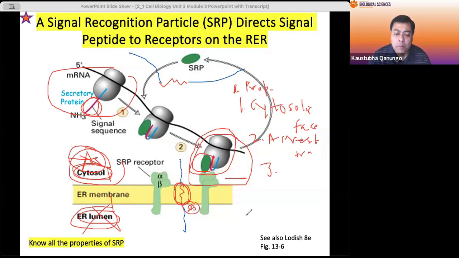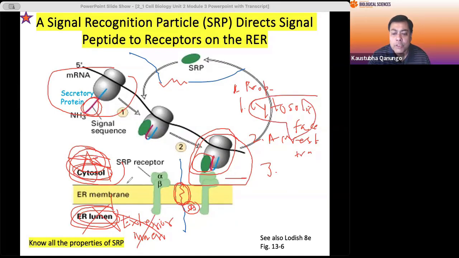But the most important part is that we can give you two options: that it will bring a translating ribosome to the luminal side of the ER membrane, or the exterior side, and that will be very wrong. It always brings it to the cytosolic face, which is outside the ER membrane, and the protein will go through a translocon. That's the machinery.